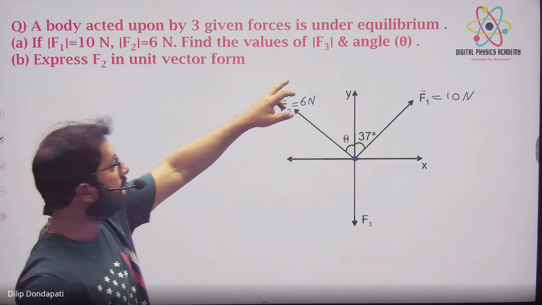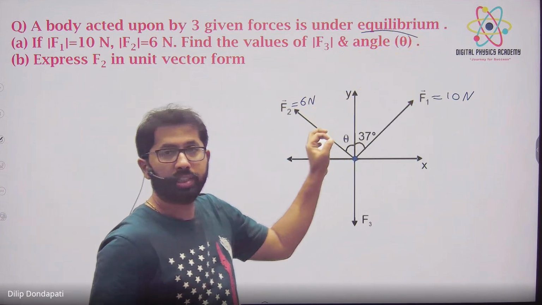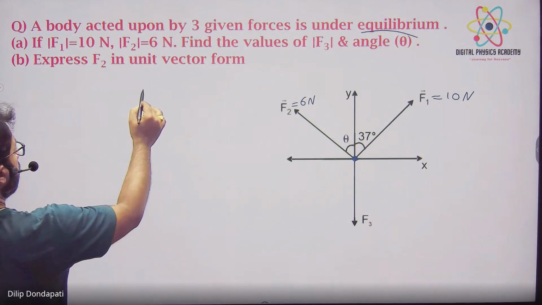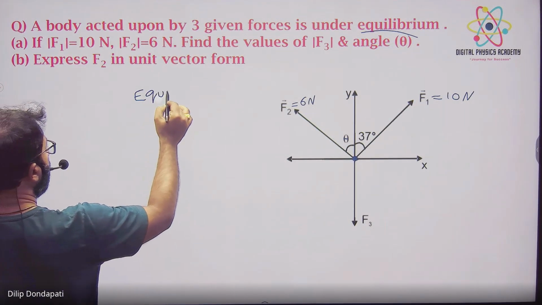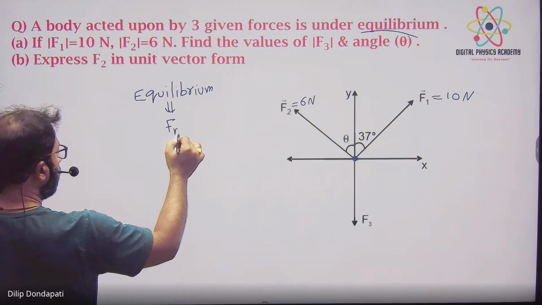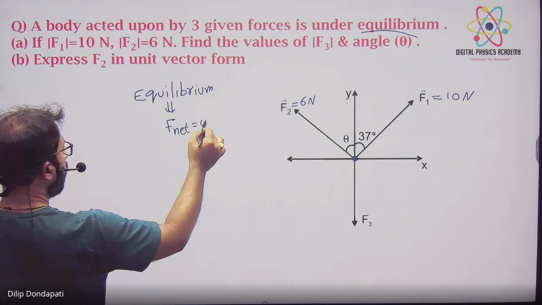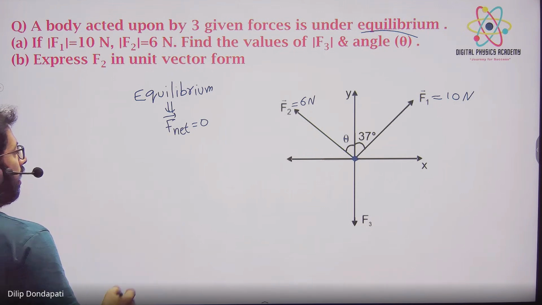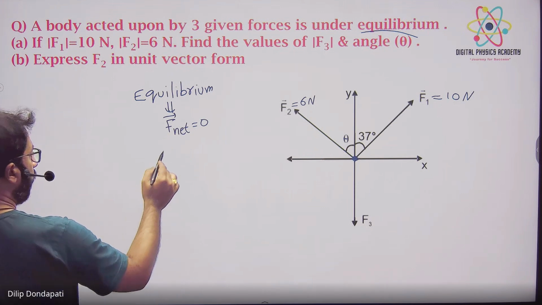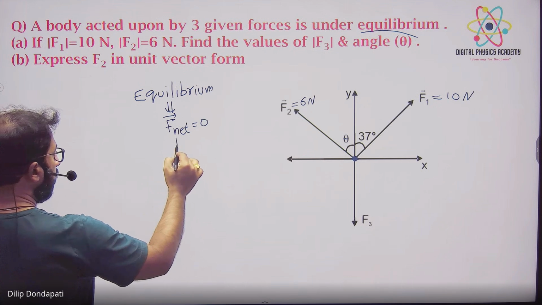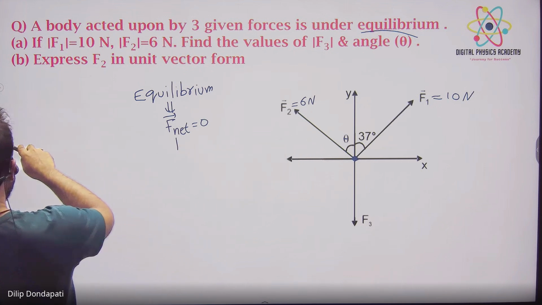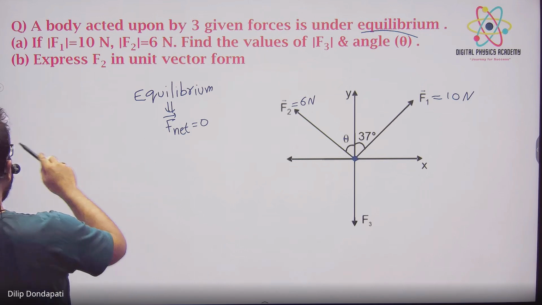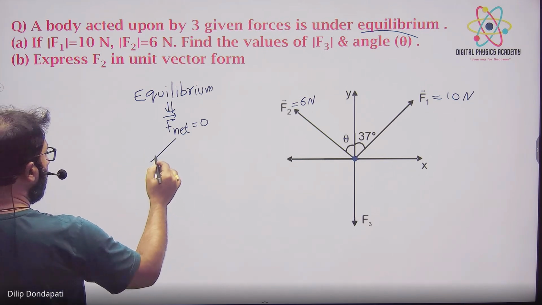What is the meaning of equilibrium? The body is in equilibrium means net force acting on the body is 0. It is a 2-dimensional body, x भी है, y direction भी है.